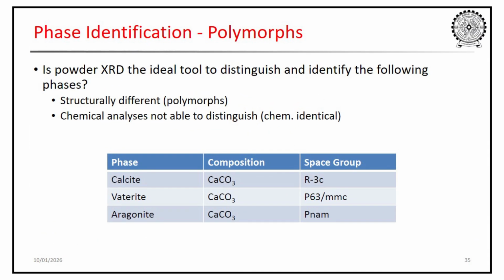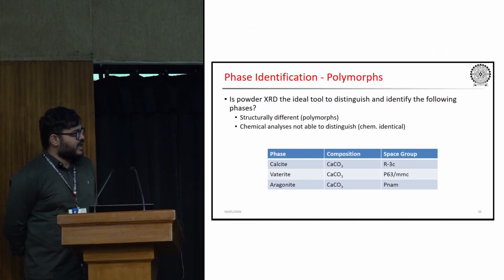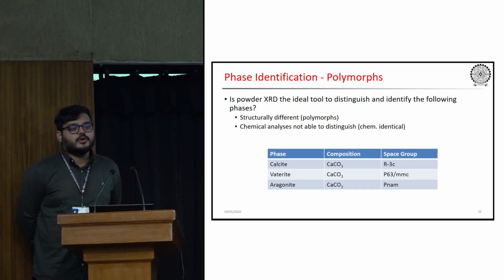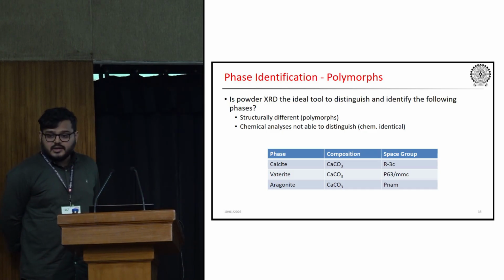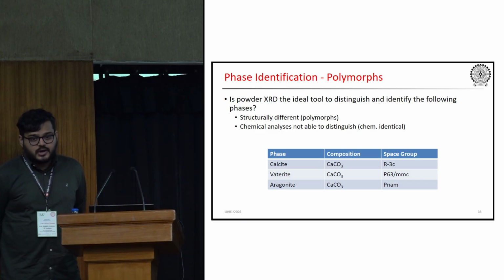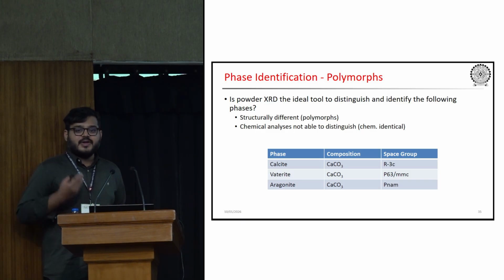Now there is another question. You have different polymorphs of calcium carbonate. You have calcite, which is calcium carbonate, vaterite, calcium carbonate, aragonite, calcium carbonate. So is XRD a very good technique to distinguish these? It is. Why? Because these all form in different space groups. That means the patterns are going to be very distinct.